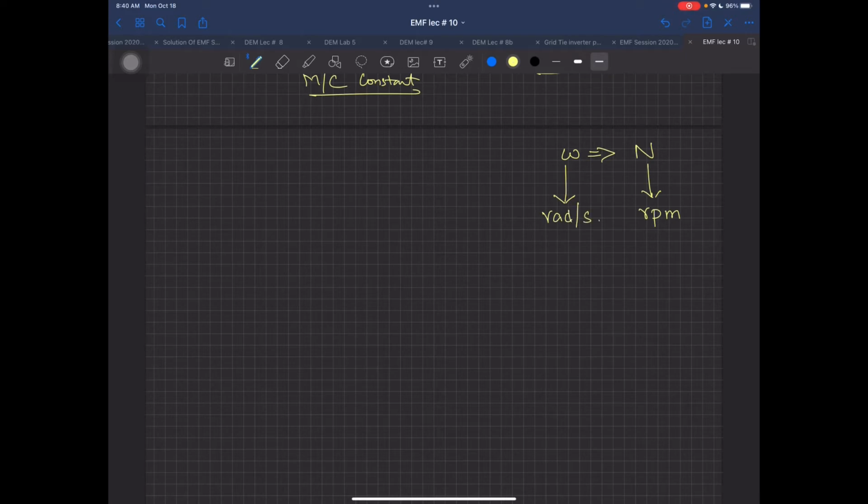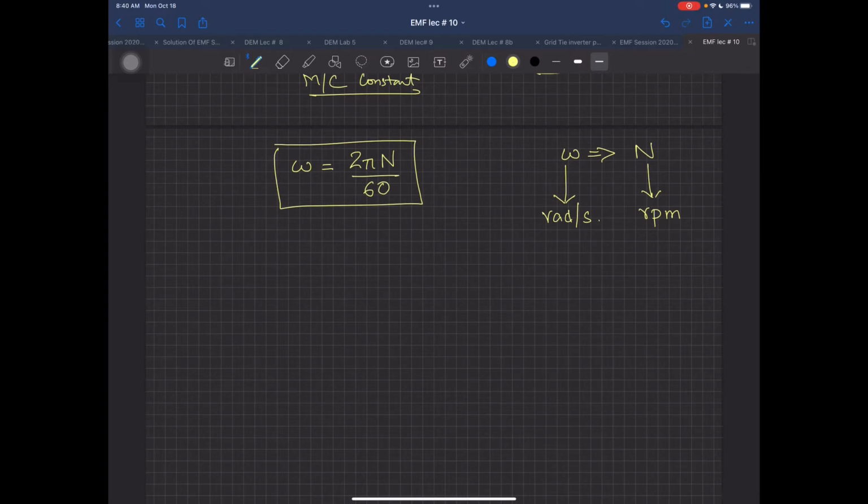Can anyone tell me how you can convert this omega into n? Yes, 2 pi by 60, 2 pi n by 60. So omega is equal to 2 pi n by 60.